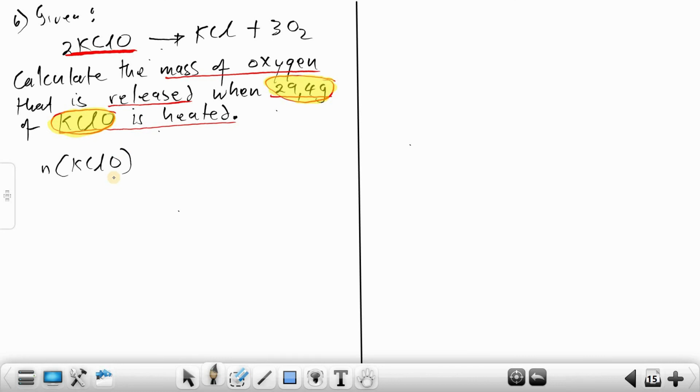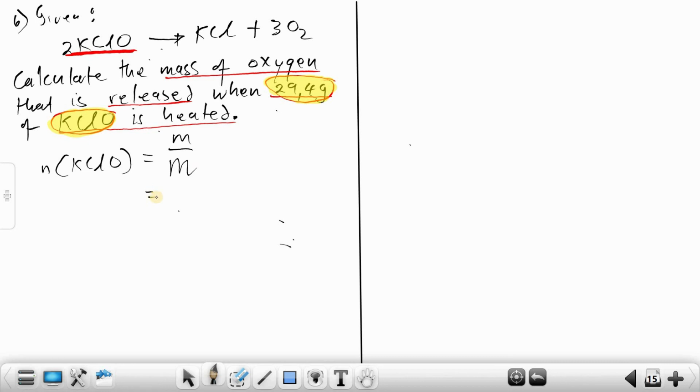So I am only going to work with the information that is given. I cannot work with KCl, because I don't have anything about it. Then I say mass over the molar mass.